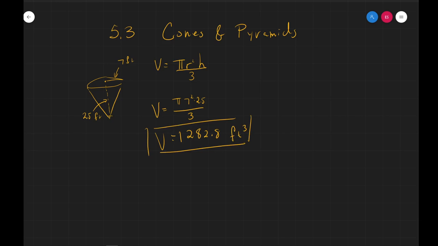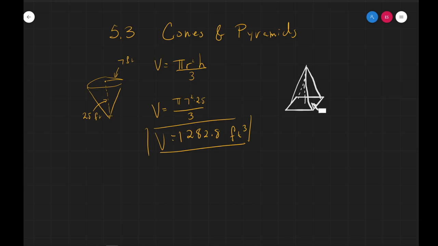All right, and so then if we move on to another shape like a pyramid. Those big pyramids out in Egypt. So if we have our pyramid, we need to be able to find the area of our base and the height from the center to the point.